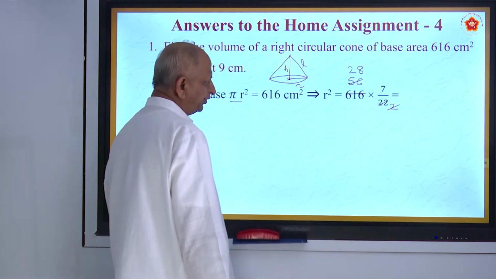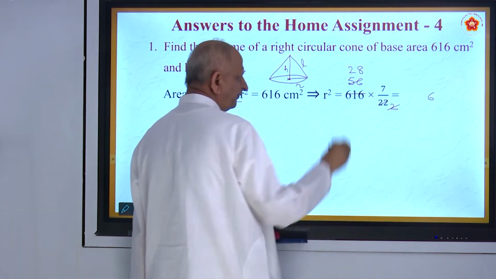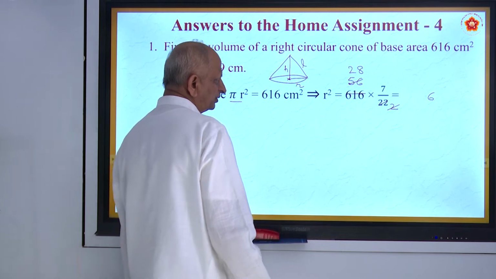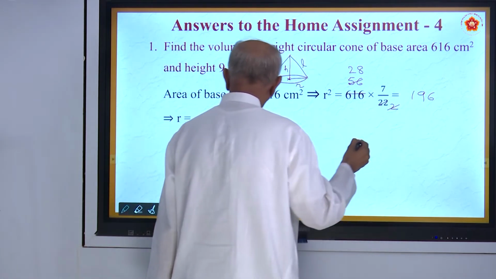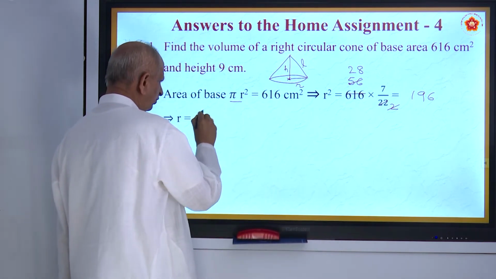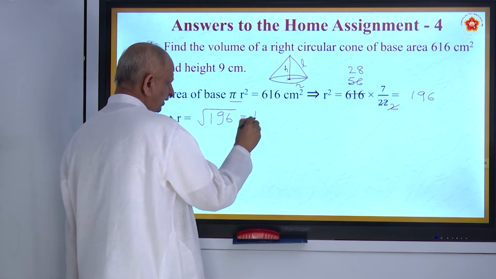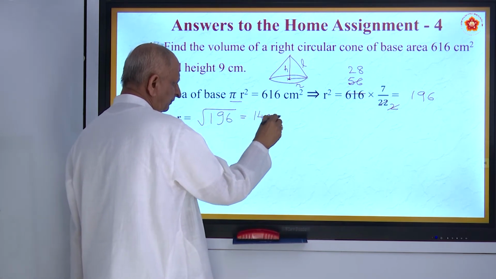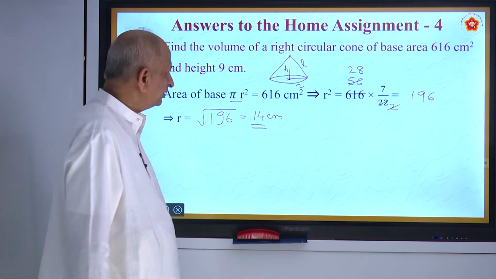So 28 into 7 will be 7 8s are 56, 7 2s are 14 plus 5 is 19. So r square is 196. R is equal to root of 196, that is plus or minus 14. But you are taking only positive values.